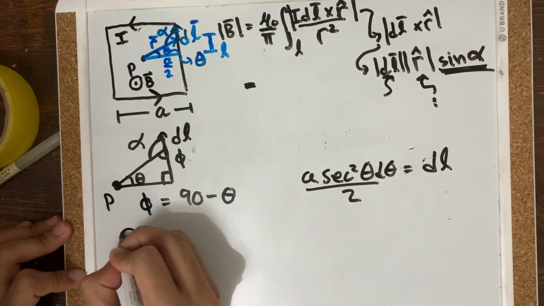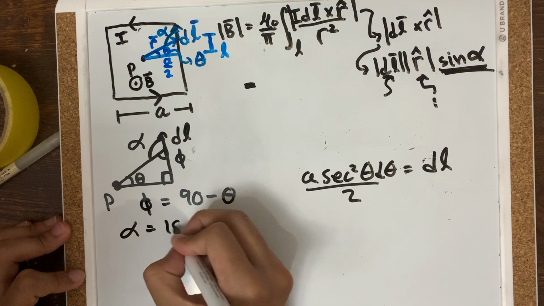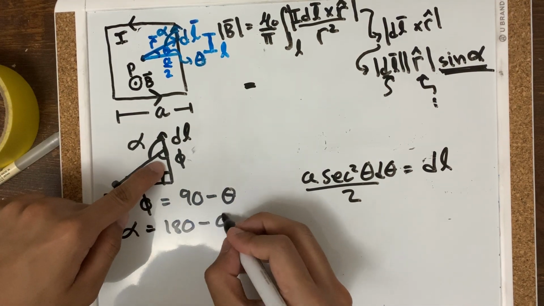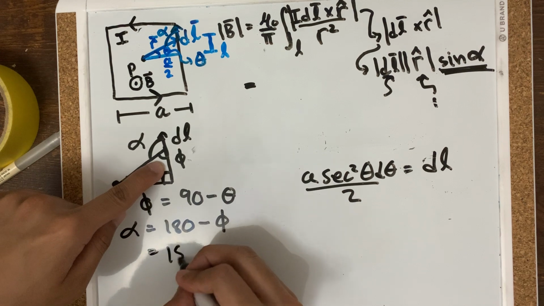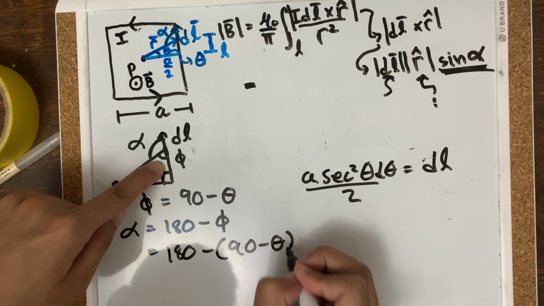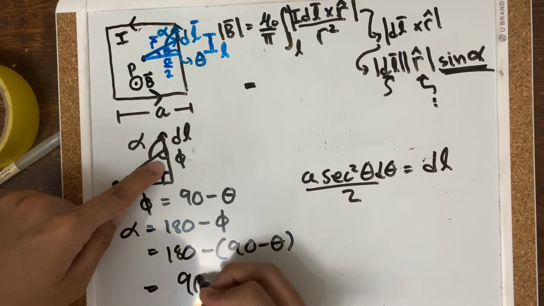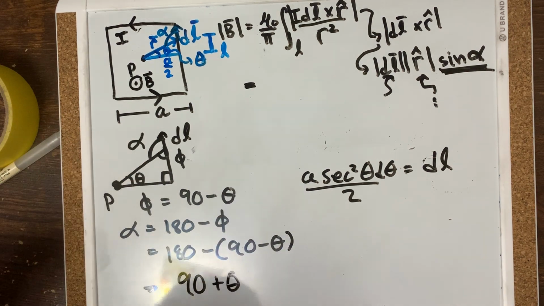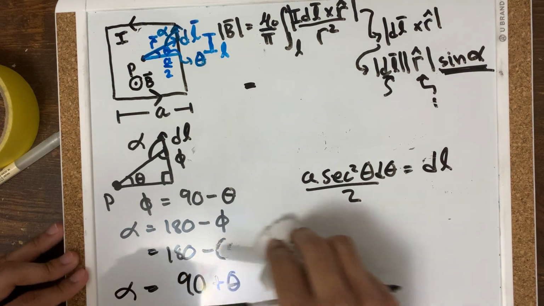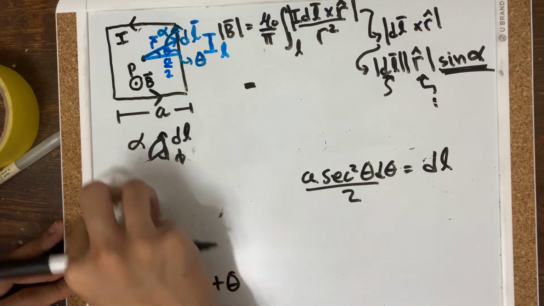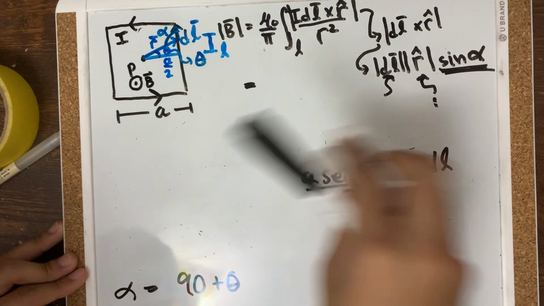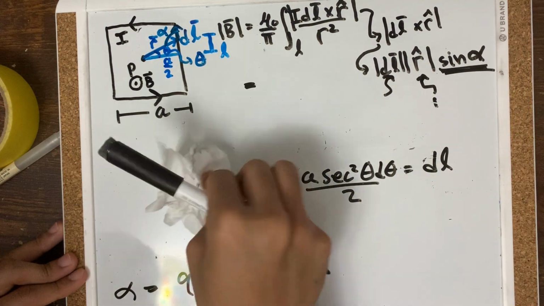So alpha is 180 minus phi, which is 180 minus 90 minus theta, which is 90 plus theta. So this is alpha, and now we need to find what sine of alpha is.